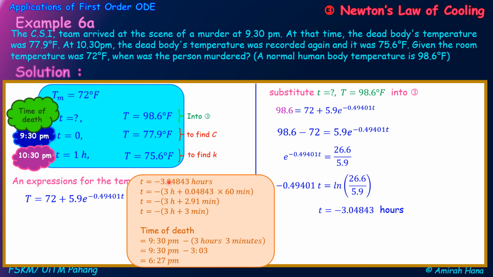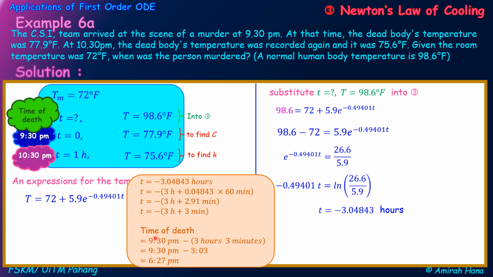First, we separate 3 hours plus 0.04843 hours. The decimal we multiply by 60 minutes. Then we will get 3 hours 2.91 minutes, or about 3 hours 3 minutes.